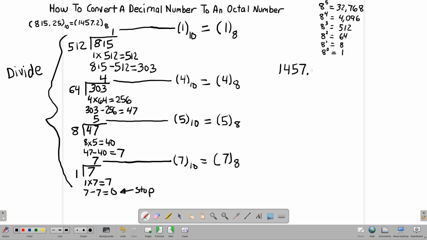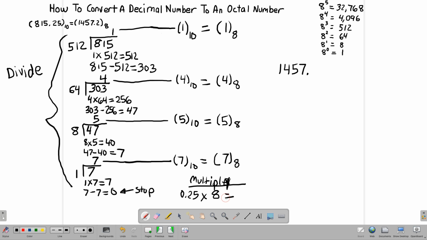Now we have to compute the fractional portion. The way to do that is instead of dividing this time, we have to multiply, because we're doing the opposite of what we did for the integer portion. So we take the value 0.25 and multiply it by 8, since we're dealing with octals.